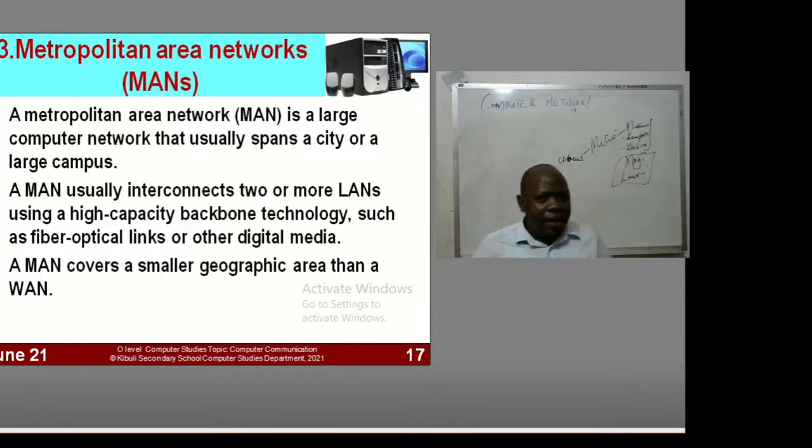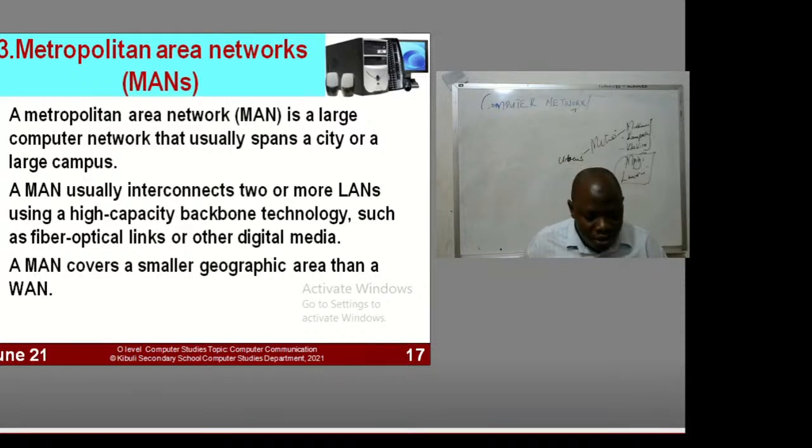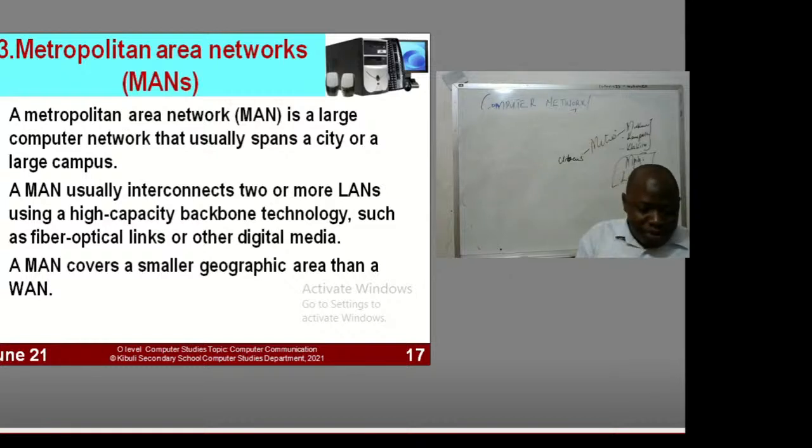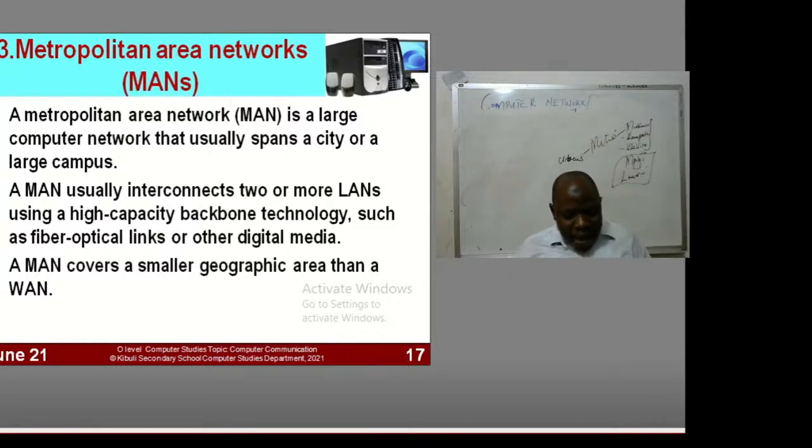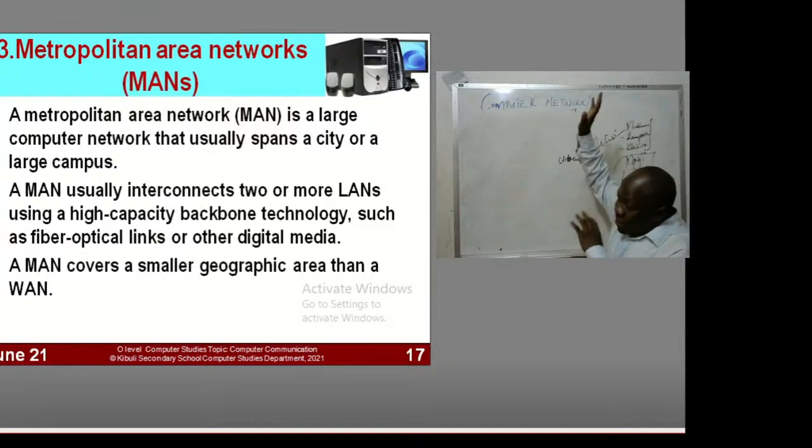When we are dealing with the cables, at times I show you some of the cables we are talking about. So when we use these, we come up with what we call a metropolitan area network, and a MAN covers a smaller geographical area than a WAN. So we are looking at a MAN because the other one is wider.